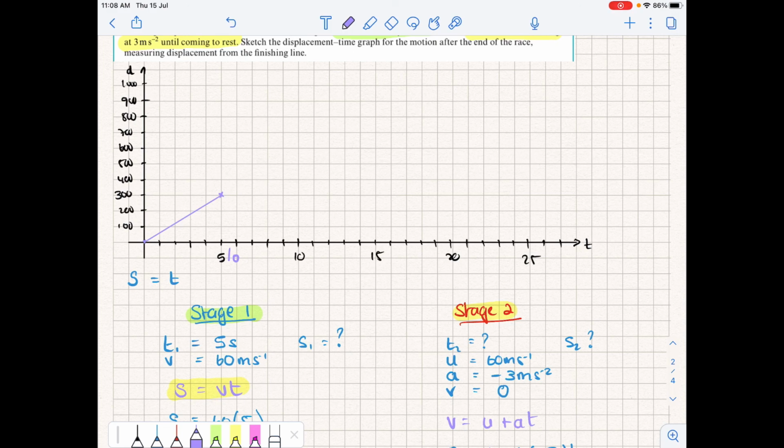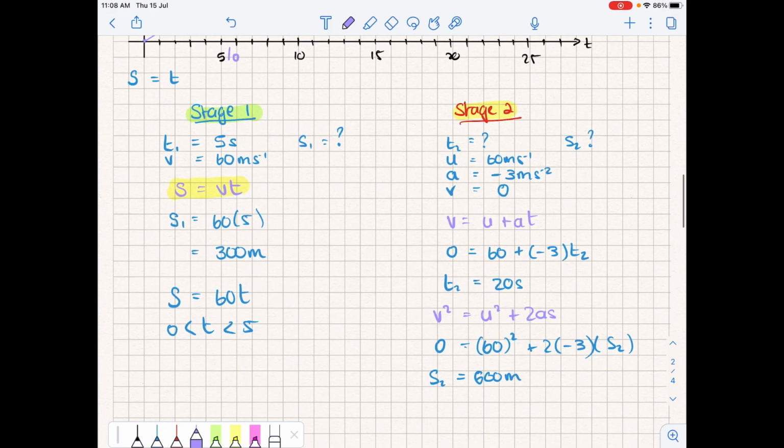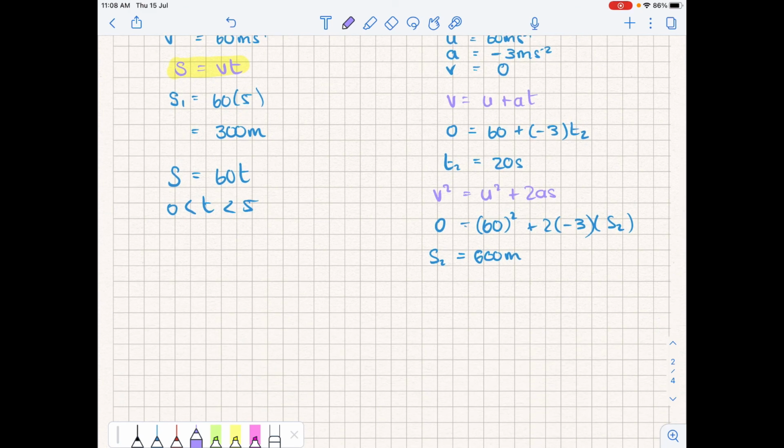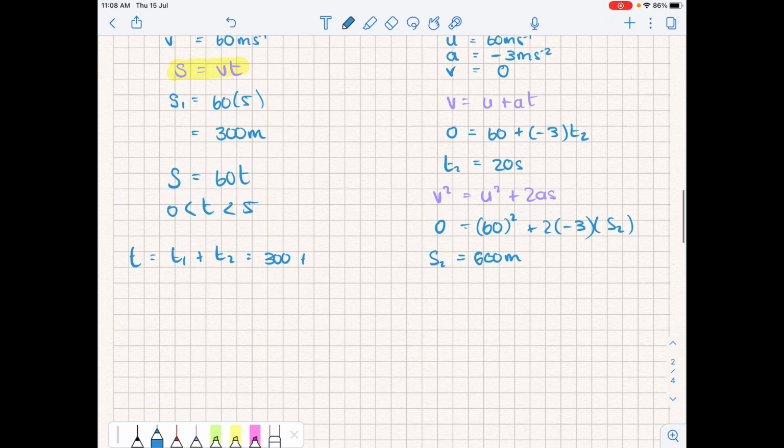If we want to find the total displacement, we add the first displacement and the second displacement. This is going to give me the 300 meters from the first stage and the 600 meters from the second stage, for a total of 900 meters. And this is all displacement, sorry.